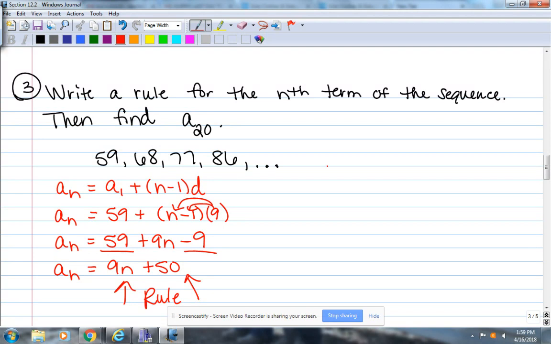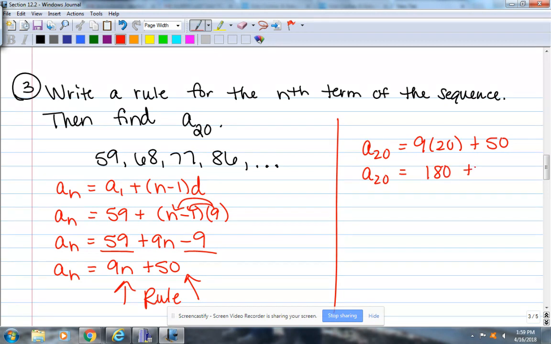So now if we want to find the 20th term, all we do is plug 20 in for n in our rule. So 9 times 20 plus 50. And what is 9 times 20? 180. Very good. Plus 50 equals what? 230.